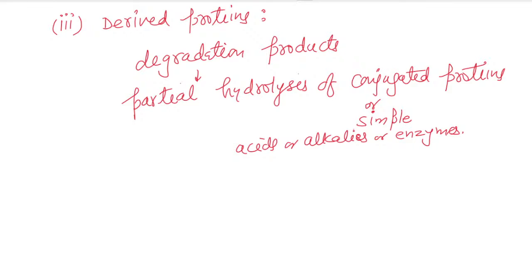Okay, so in this case what happened, we get protein, from protein we get proteases, then peptones and then polypeptides. How do they derive? First we have protein, simple or conjugated.